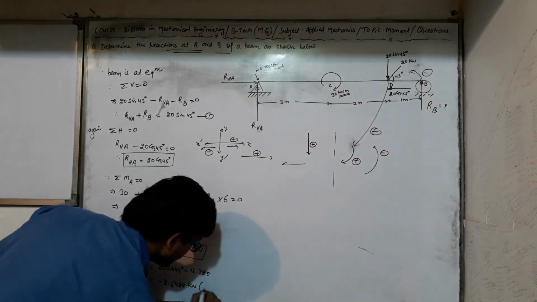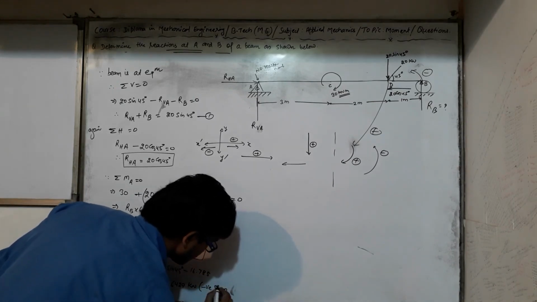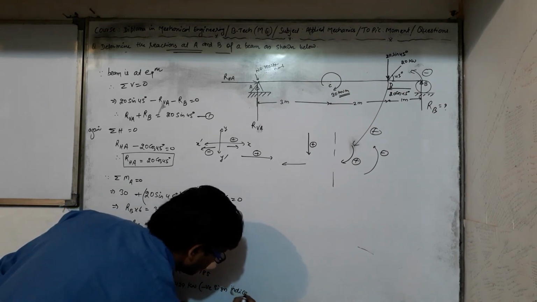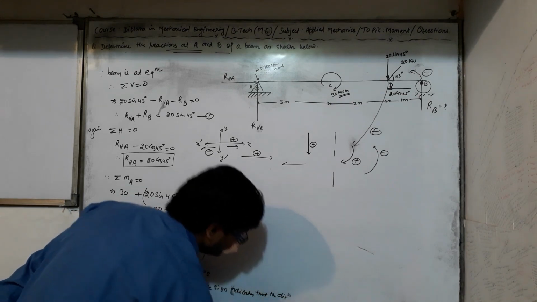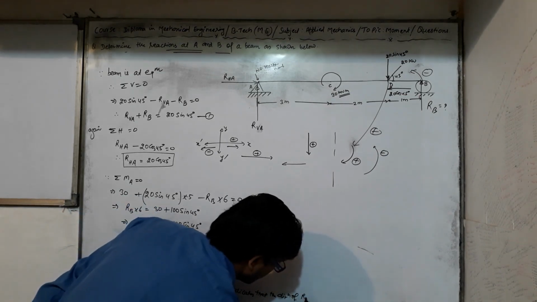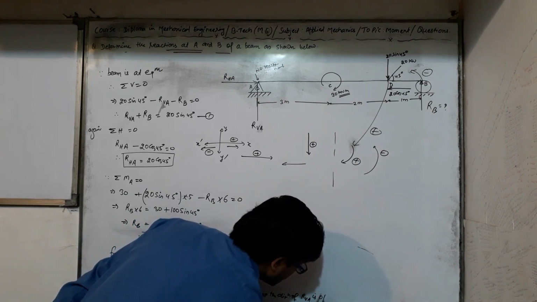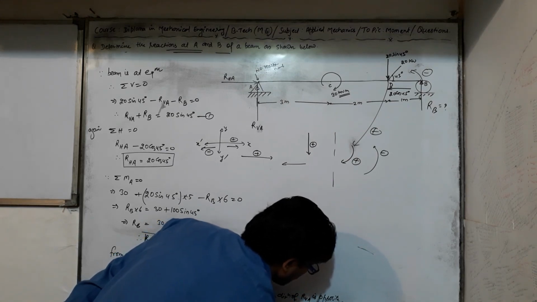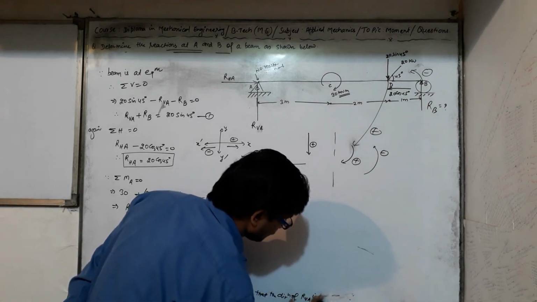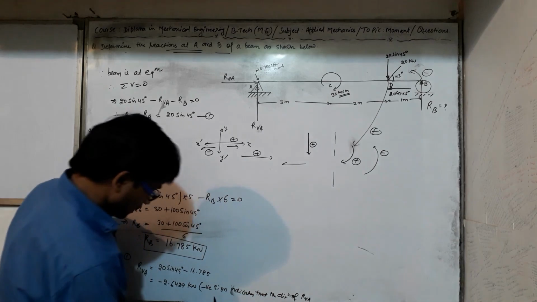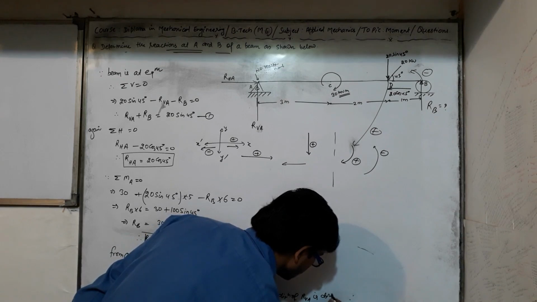So this negative sign indicates that the direction of RVA is opposite, or we can say the direction of RVA is downward.